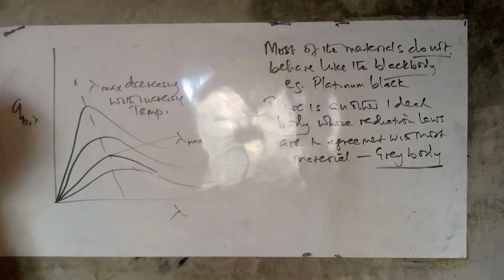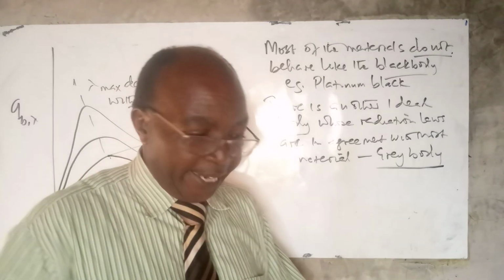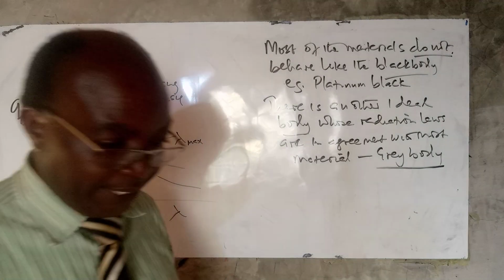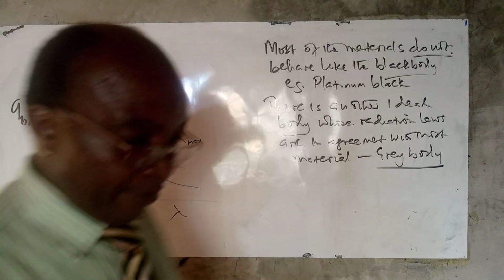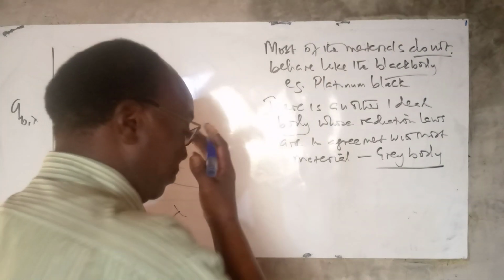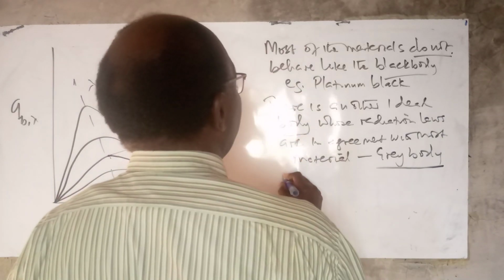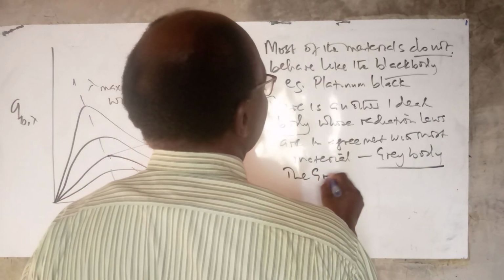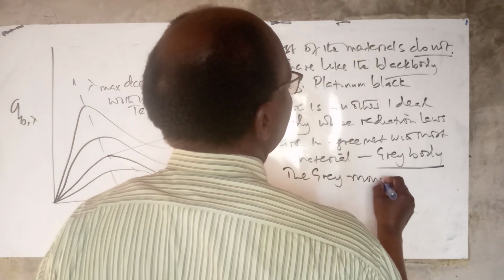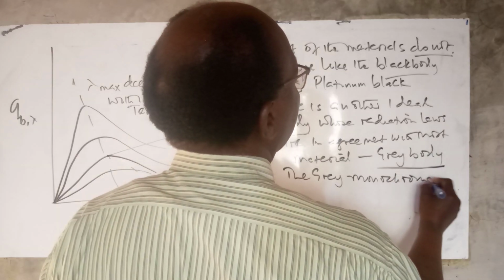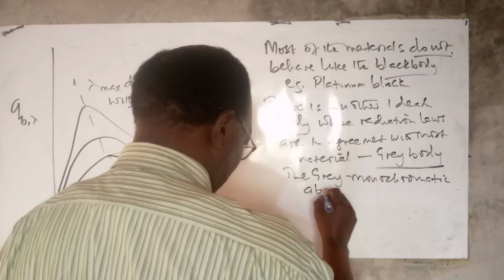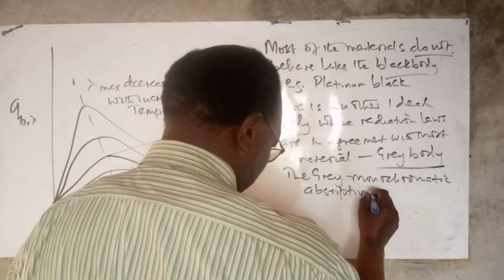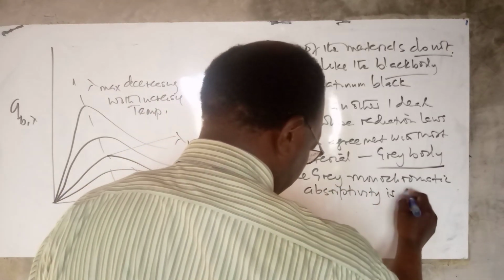And one characteristic of the gray body is that its monochromatic absorptivity is constant, does not depend on the wave band.